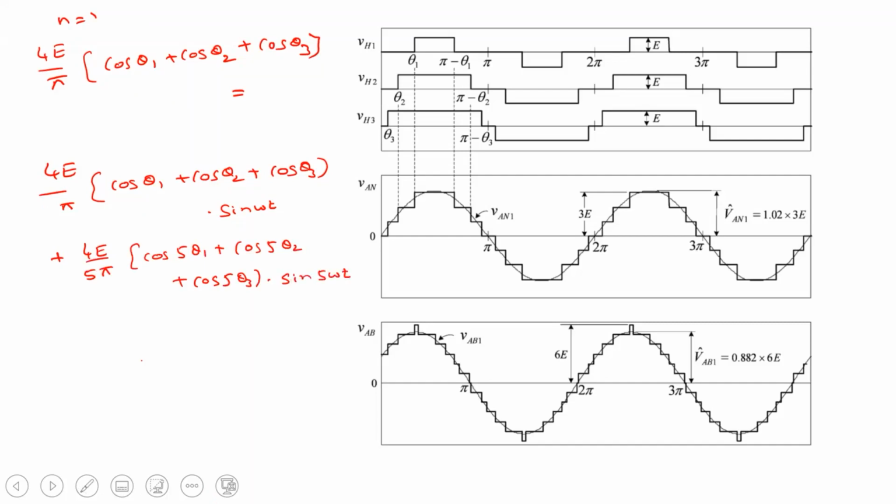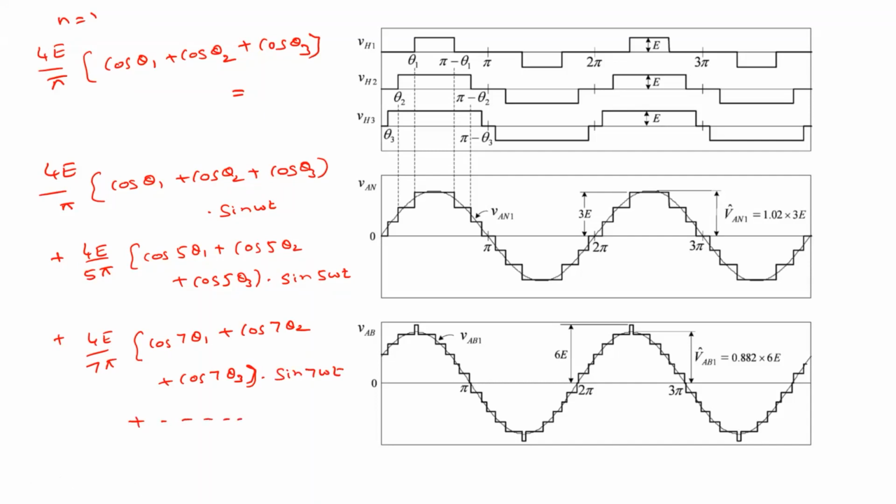And 4E by 7 pi, cos 7 theta 1 plus cos 7 theta 2 plus cos 7 theta 3, into sin 7 omega t. We have a lot of other terms too. This is how we expand the equation. Understood?